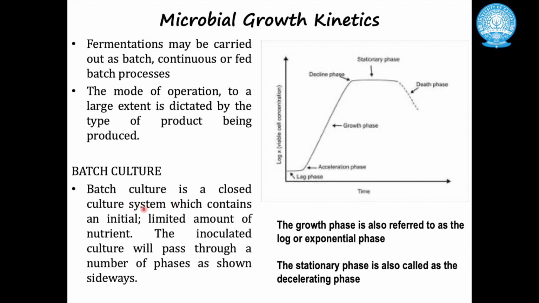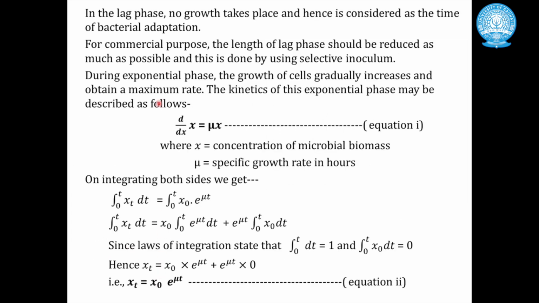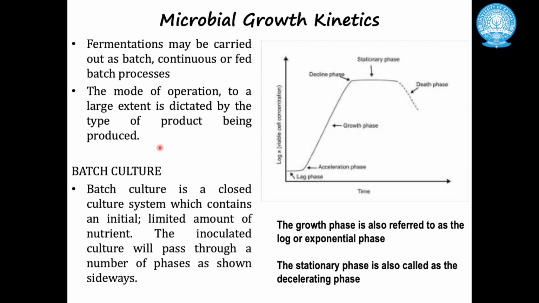So batch culture is a closed culture system that contains an initial limited amount of nutrient, and the inoculated culture will pass through a number of phases as has been discussed here. Now in the lag phase, no growth takes place and hence it is considered the time of bacterial adaptation. So this is the time when the microorganism will try to adapt itself to the environmental conditions inside the fermenter.